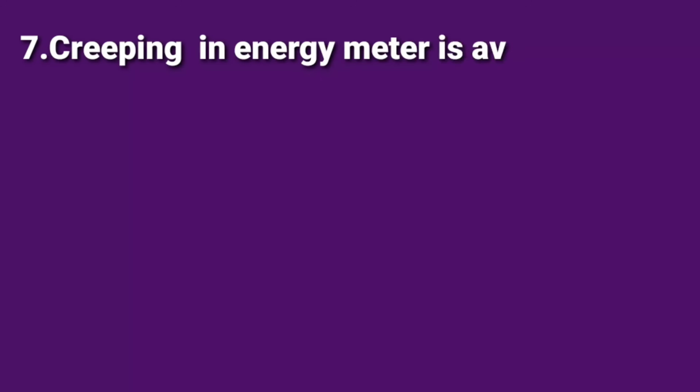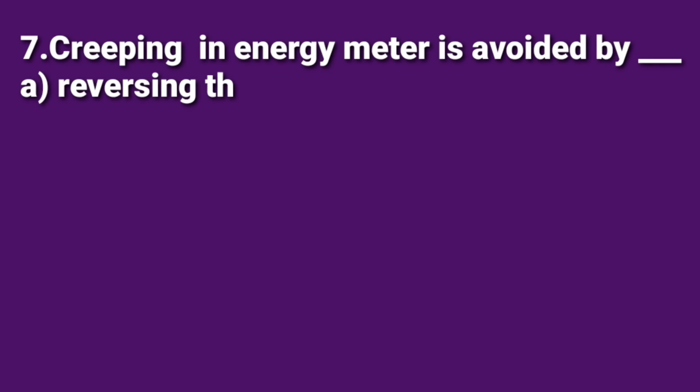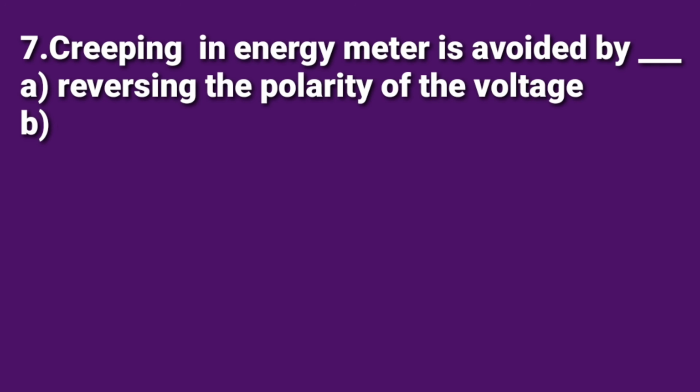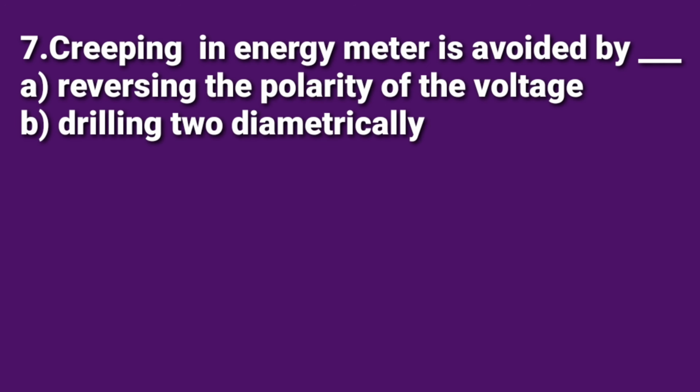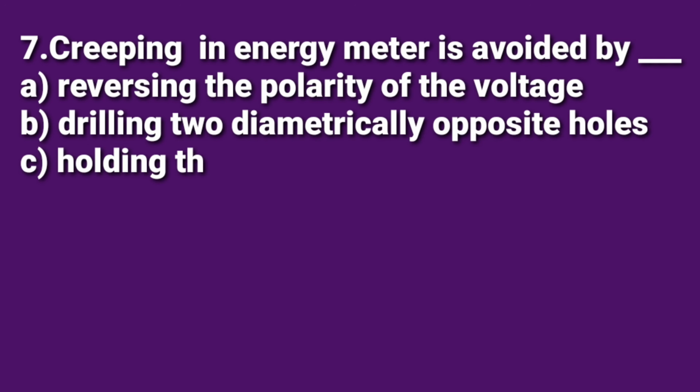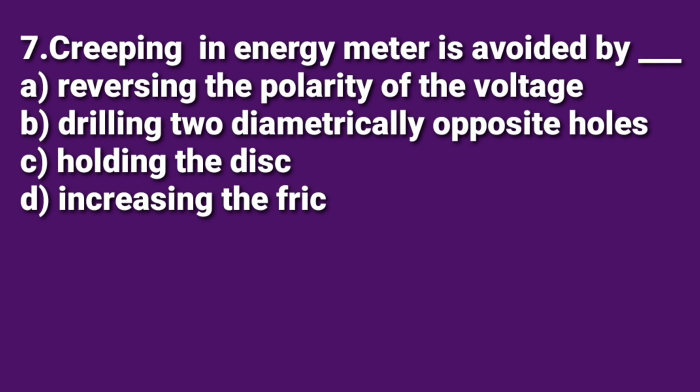Coming to the next question: creeping in an energy meter is avoided by A reversing the polarity of voltage, B drilling two diametrically opposite holes, C holding the disc, D increasing the friction. What is meant by creeping? In an energy meter, creeping causes the disc to rotate even when there is no current flowing.